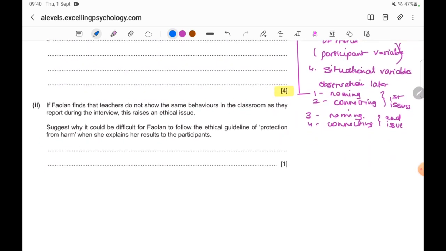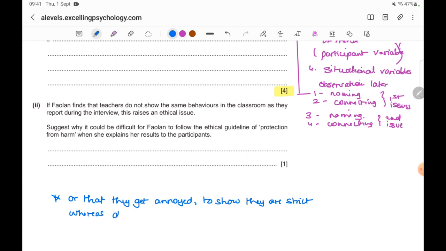Okay, again I don't have space, so I'll write at the bottom. Or that they get annoyed to show they are strict, whereas during observation they must have acted according to their real responses.